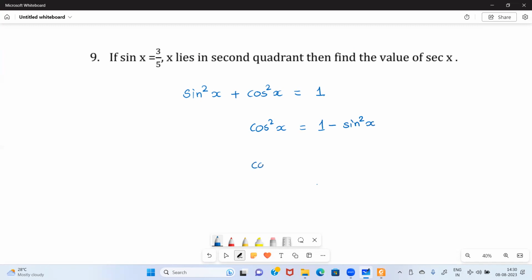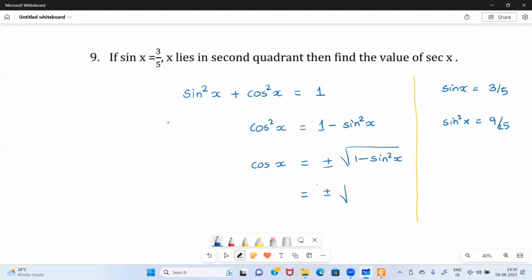So which means what is cos x? That will be plus or minus square root of 1 minus sin square x. Clear? Now in this question, what is given? Sin x is given. Sin x is 3 by 5. Therefore, sin square x will be 9 by 25. Right, students?